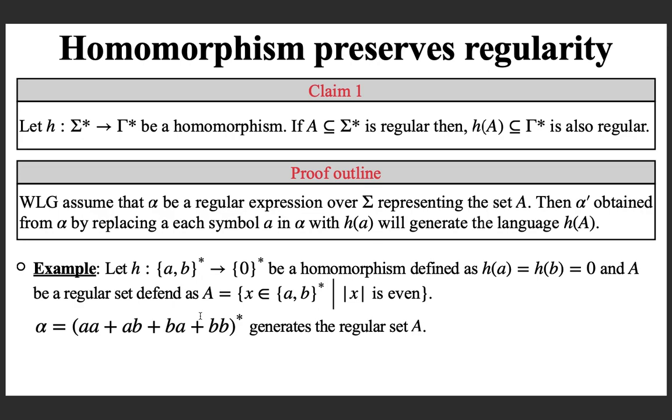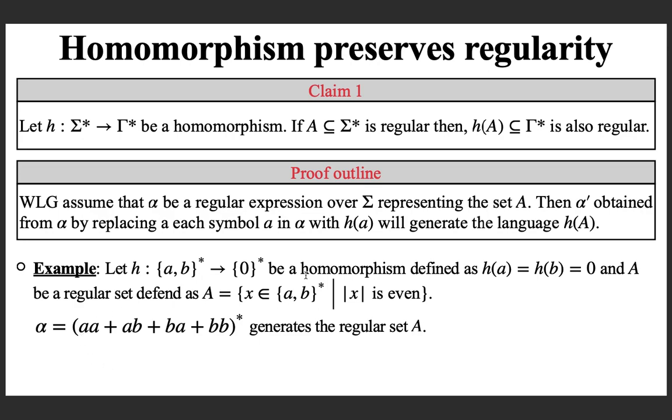Even length means you can divide the string into a sequence of pairs, a sequence of two symbols, and each two symbols can be any of these four combinations. So this is a correct regular expression generating this language.